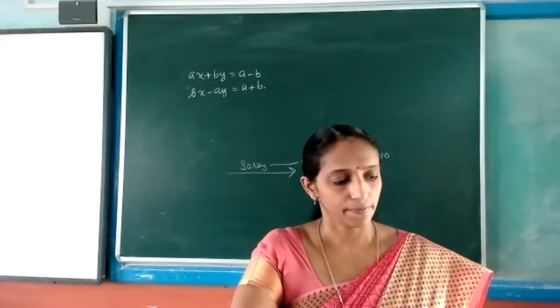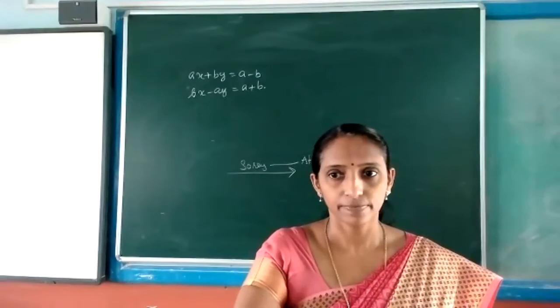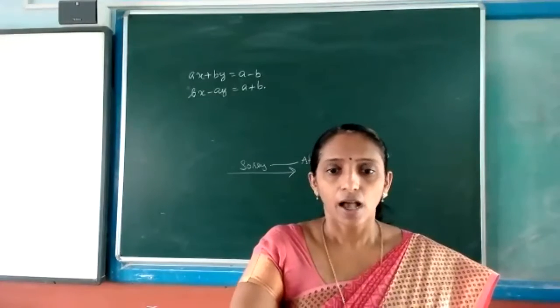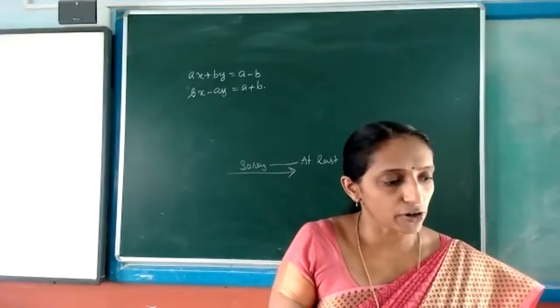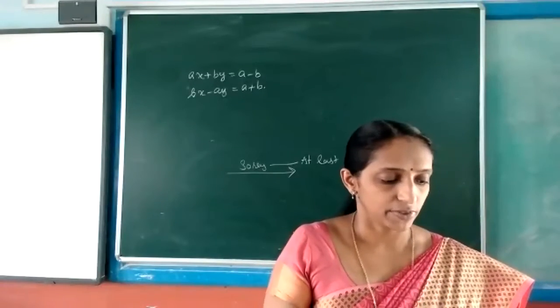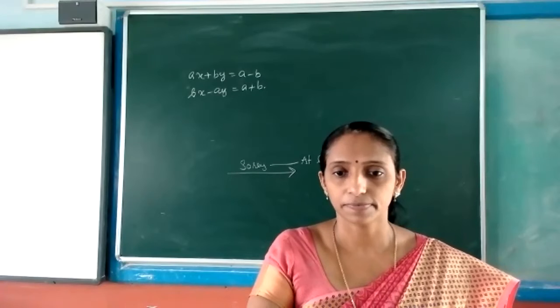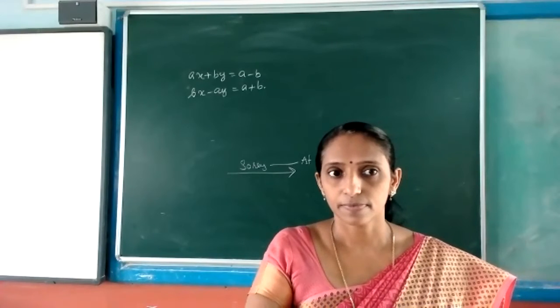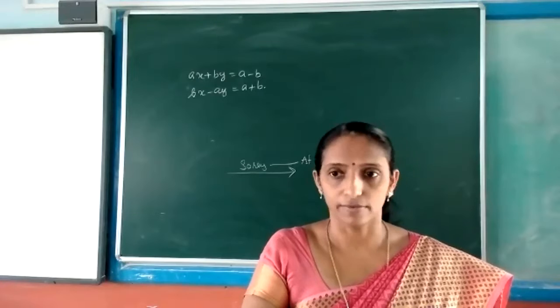Miss, by this we have to write the answers of the trinomials by this method. Yes, trinomial factorization. And also before exercise 4.5, on page number 100, the formula is given again. Have you seen? Yes, ma'am.